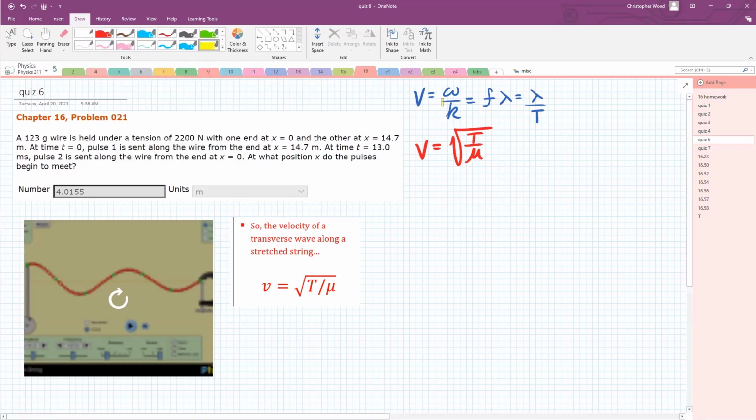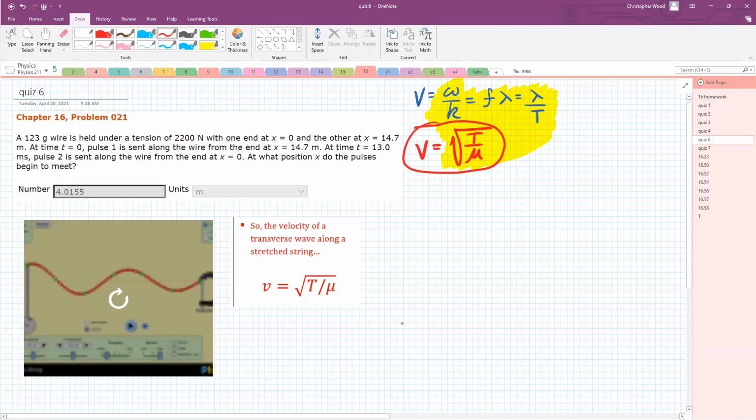These are all related. These are all basically saying, here's the velocity of a wave going across a medium. In this case, the medium is a string. And this expression right here is the very specific velocity for string velocity, like a rope or a cable or a wire, whatever.